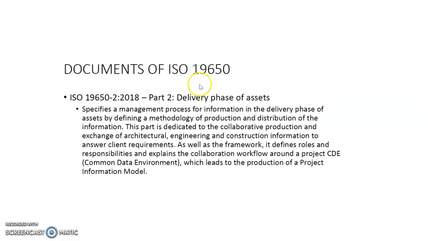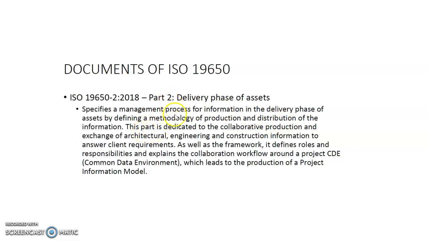Part 2 talks about the delivery phase of the asset. It specifies a management process for information in the delivery phase of the asset by defining a methodology of production and distribution of the information.